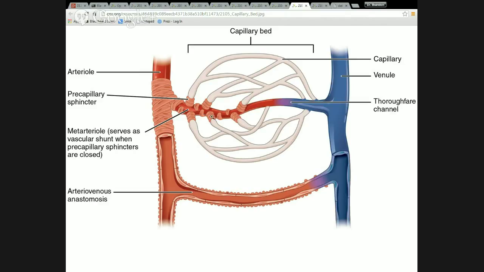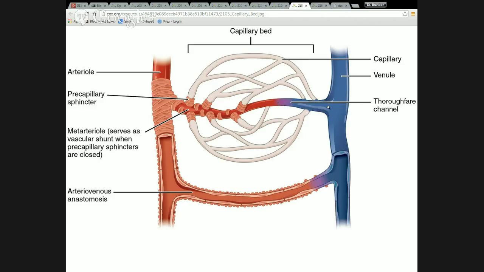It has some smooth muscle cells wrapped around it, but it's not as continuous as an arterial wall. And there can be some exchange of nutrients and wastes across the wall of a metarteriole, just like we'd see across a capillary, but not necessarily as much. The metarteriole extends through the capillary bed and eventually merges into the venous side.